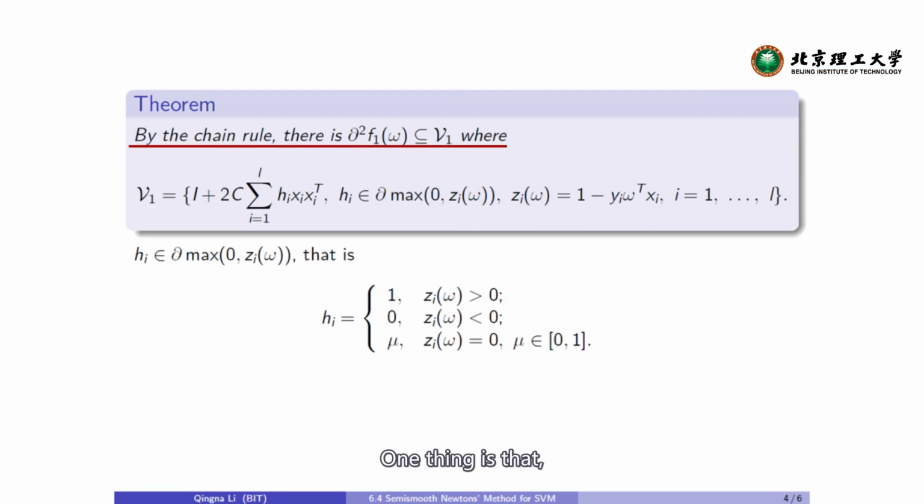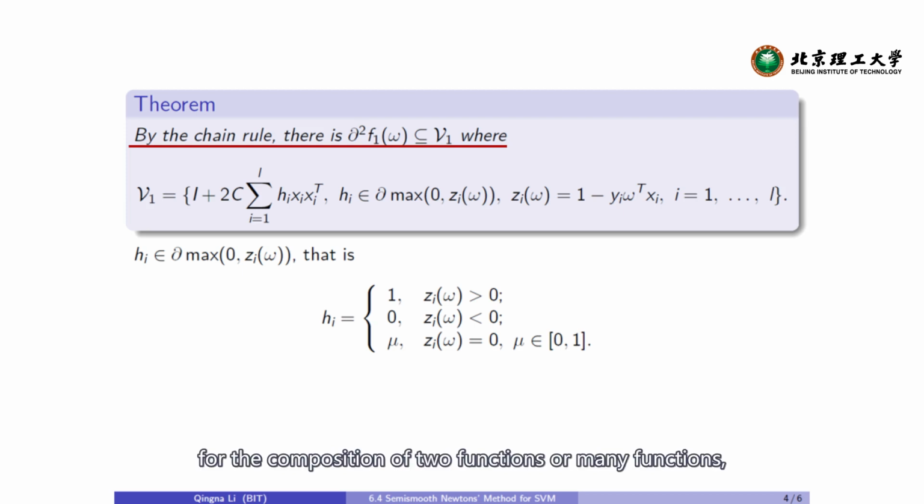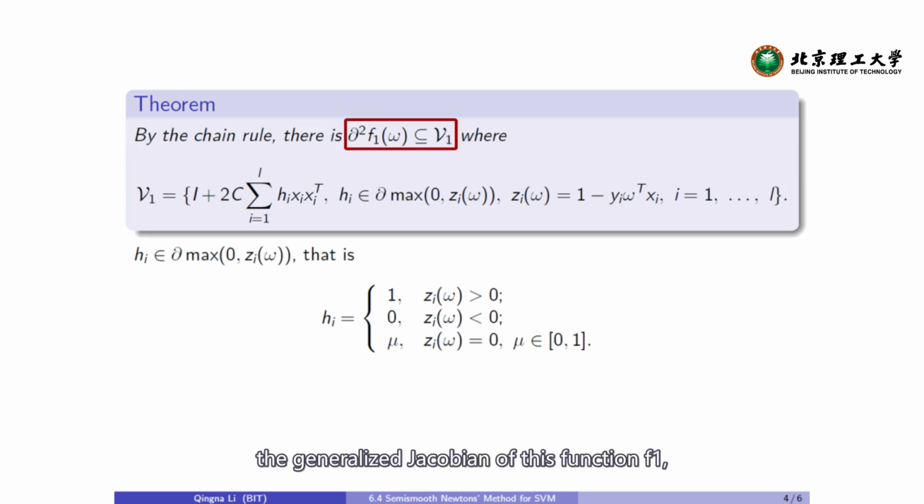One thing is that for the composition of two functions or many functions, the generalized Jacobian of this function f1, we cannot characterize it directly. However, we can characterize a bigger set which contains this generalized Jacobian set.